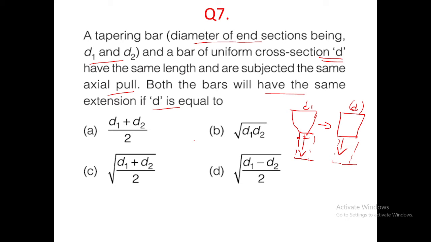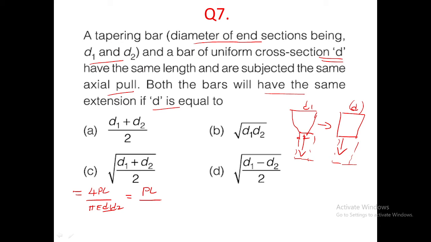So the conditions for the conical bar: the extension equals 4PL divided by pi E D1 D2.